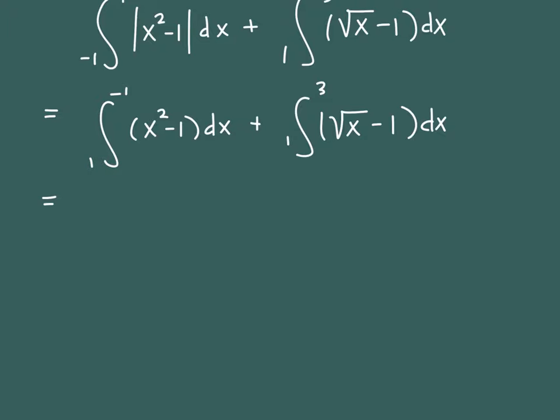So x squared minus 1 has the antiderivative of 1/3 x cubed minus x plus c. And that's going to go with -1 on the top and 1 on the bottom. And then the antiderivative of the square root.